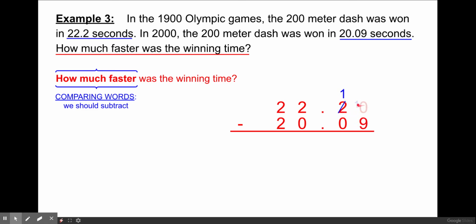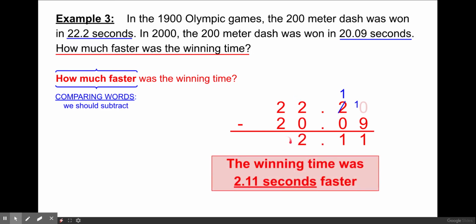That leaves us with 1, and we're going to turn that into 10. 10 minus 9 is 1. 1 minus 0 is 1. Bring down the decimal. 2 minus 0 is 2, and 2 minus 2 is 0, which we don't have to write anything. So 2.11. So the question was, how much faster was the winning time in 2000? The winning time was 2.11 seconds faster.